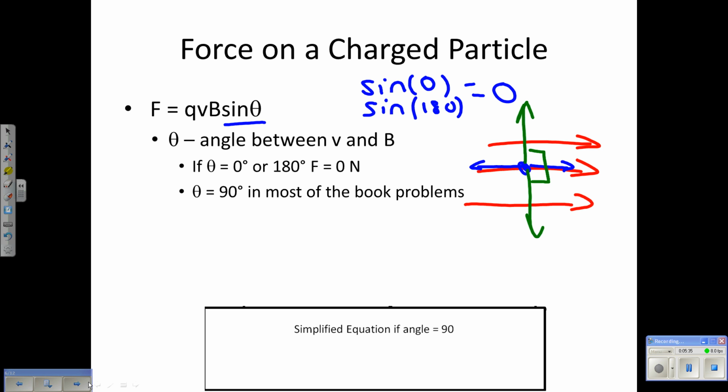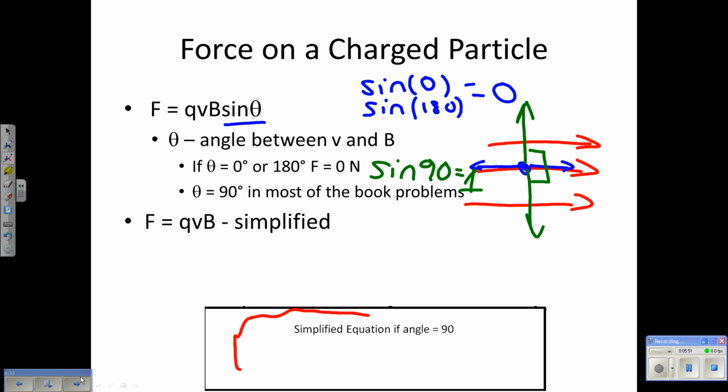And sine of 90 equals 1. Okay? So you have QVB times 1, which simplifies, which is what you're writing in this box, down to just QVB. The force felt by the charge equals QVB.